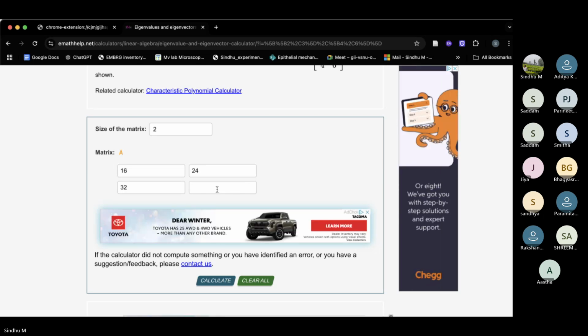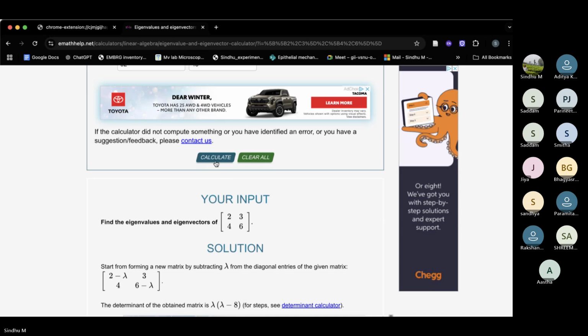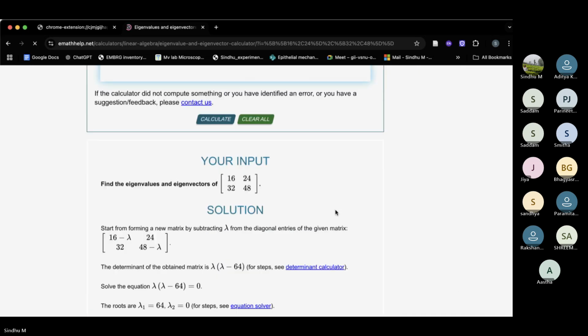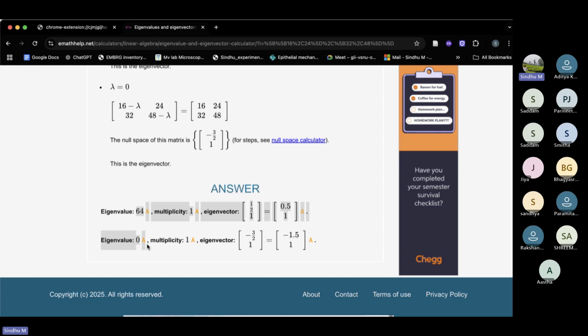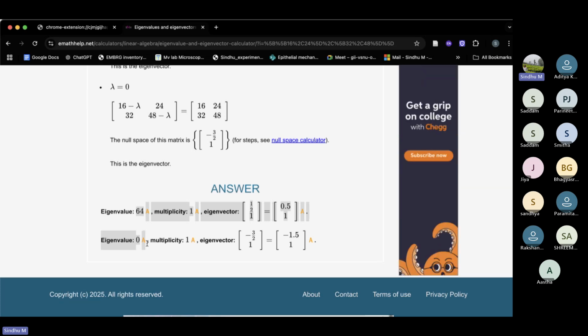And these are the eigenvalues that we get, that is 0 and 64.